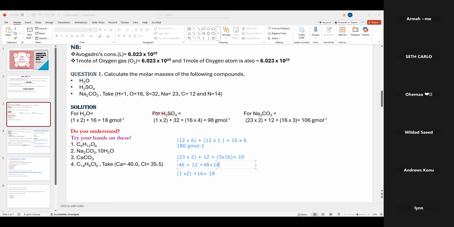Yes. So what is our answer? Someone should do the summation. 286. So what is your molar mass for sodium carbonate decahydrate? Exactly, that's what I was looking for. 286 grams per mole.